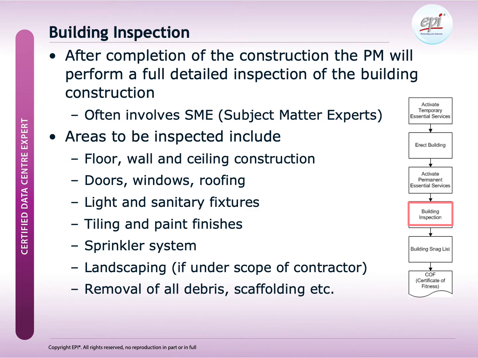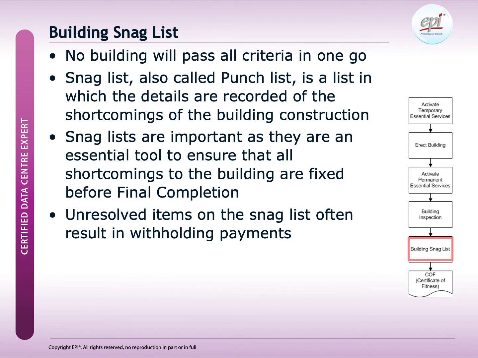However, a full detailed inspection of the building construction is covered by the CDCE training, as it shows on this slide. As no building will pass all criteria in one go, we will also go into how to set up and manage a snag or punch list.